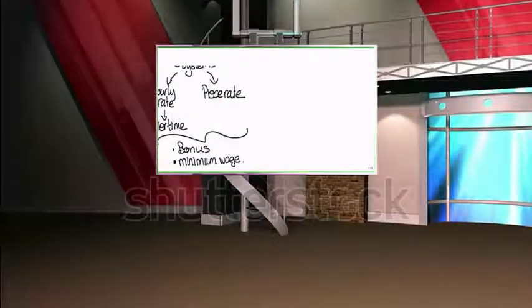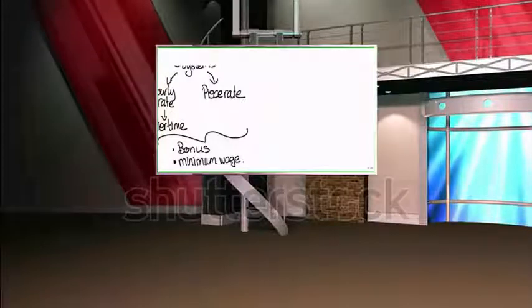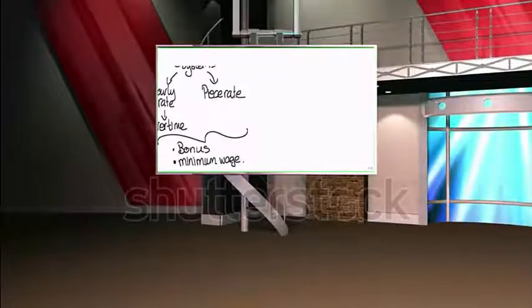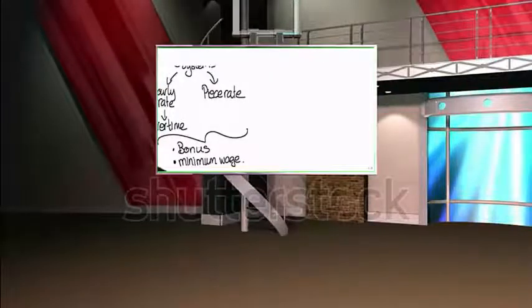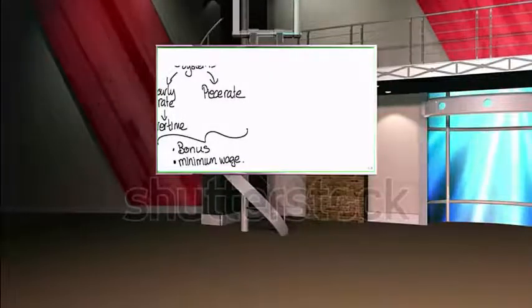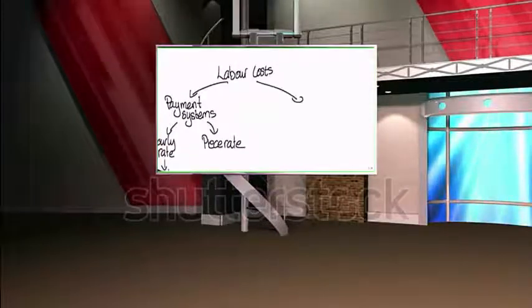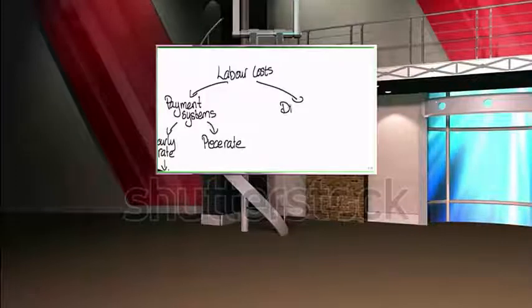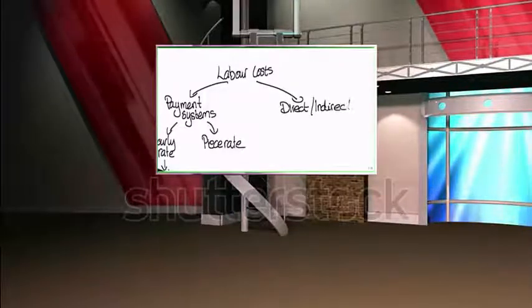So that will be our first section of this labour costs area, looking at the payment systems and the different considerations within that. Once we understand the different payment systems that might apply, then we are going to look at splitting out our labour costs into direct and indirect costs.